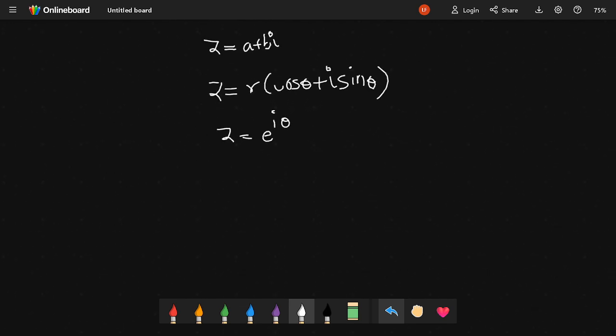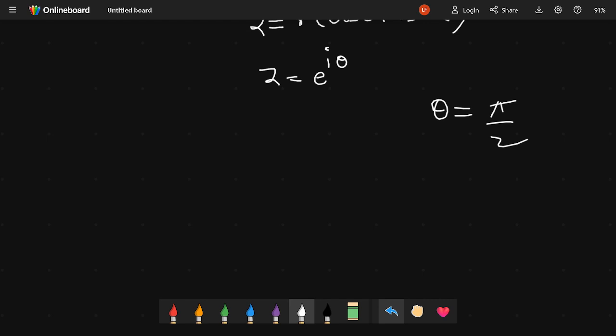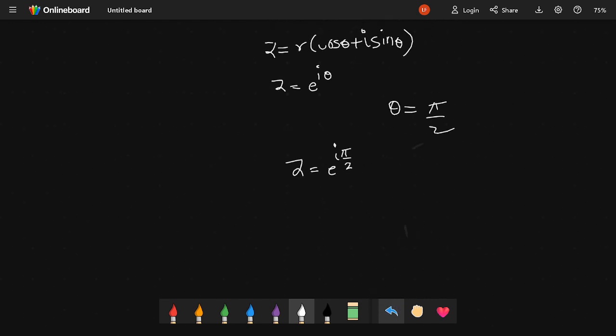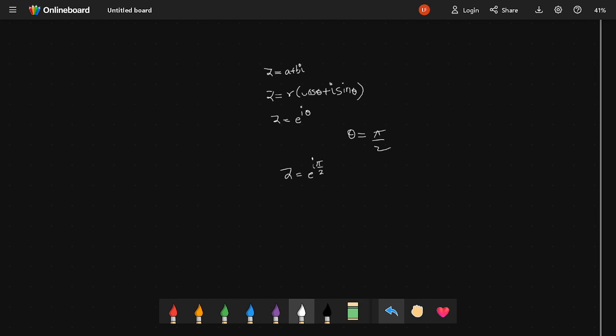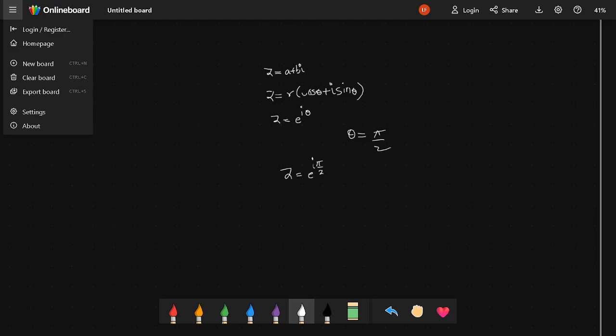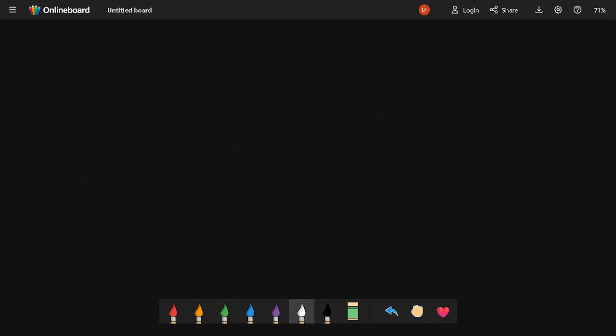So let's say they give you theta equals pi over 2. Then your complex number would be z equals e to the power of I times pi over 2. So this is just a general introduction to Euler's form for complex numbers. And there is one more identity, which is known as Euler's identity.